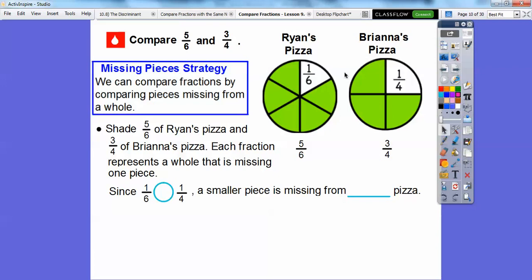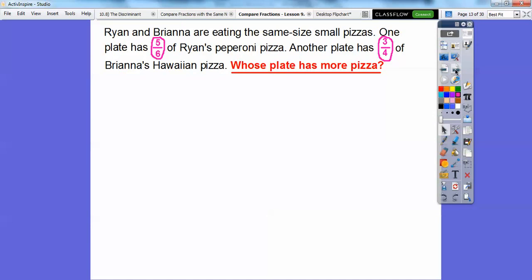Now, can you see that 1/6 right here is smaller than 1/4 right here? Okay, so since 1/6 is smaller than 1/4, a smaller piece is missing from whose pizza? It's missing from Ryan's pizza right there. Okay, the question's asking whose plate has more pizza left on it.